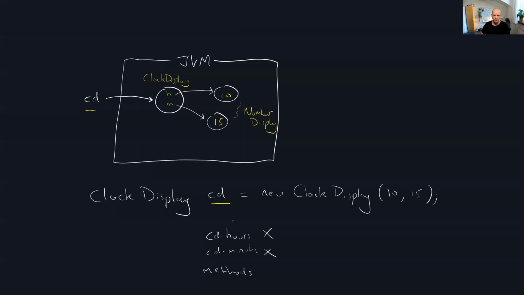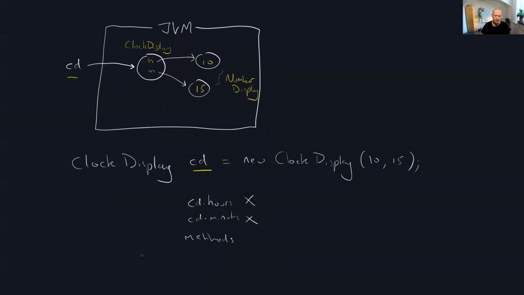And for the sake of argument, if we suddenly decided, okay, we're done with this clock display and we set it to become null, then this is basically going to die, and the reference will point to just a null value instead. Then essentially this object is cut loose, and so are the other objects it created.